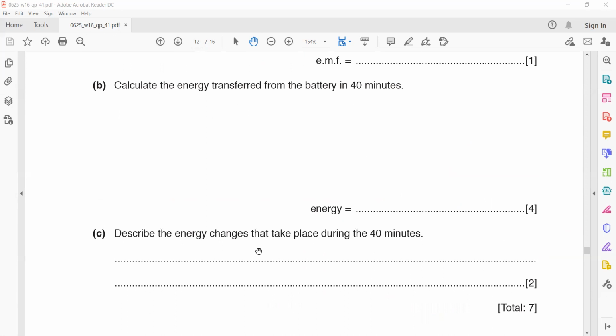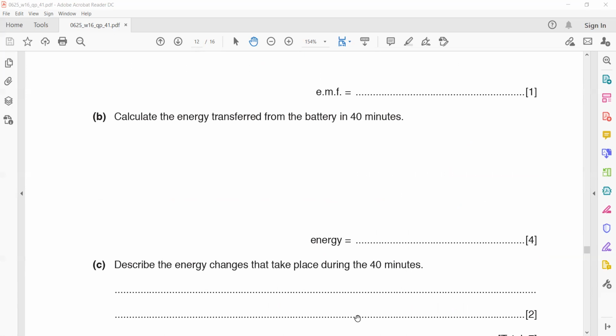Describe the energy changes that take place during the 40 minutes. So what are the energy changes? First, you have a battery or a cell. A cell or a battery stores chemical energy. You connect it to a device, as you can see in the question.